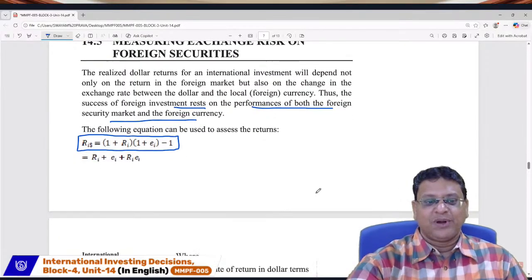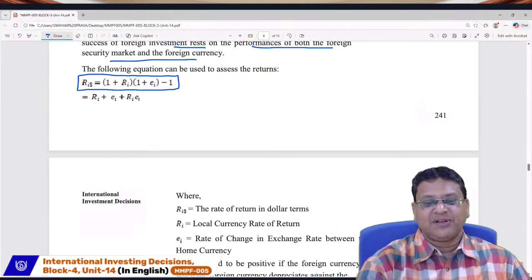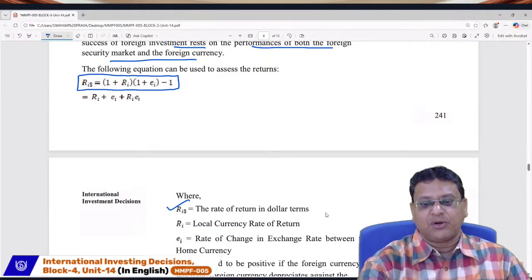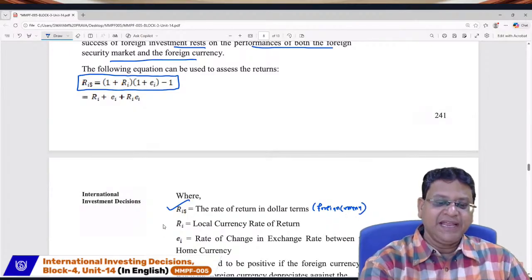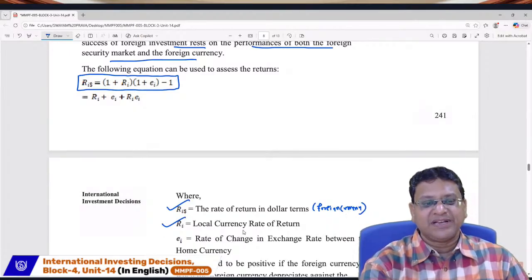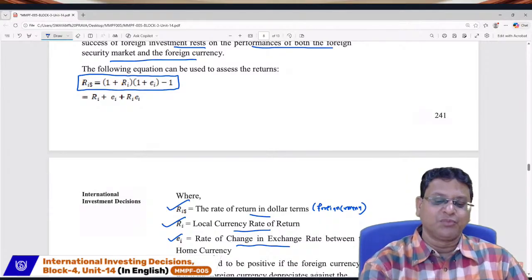So what is this? What is RI dollar? It is the rate of return in dollar term, or in foreign currency term. What is RI? RI is equal to the local currency rate of return. What is EI? EI is the exchange rate between local currency and foreign currency, home currency.